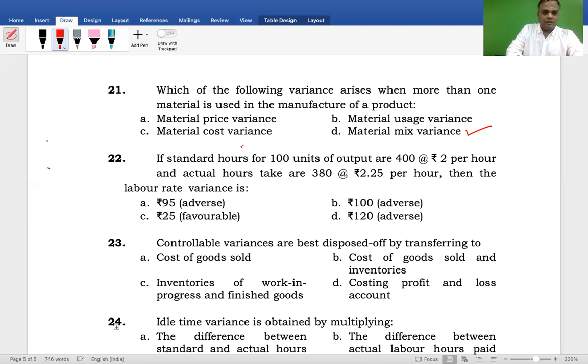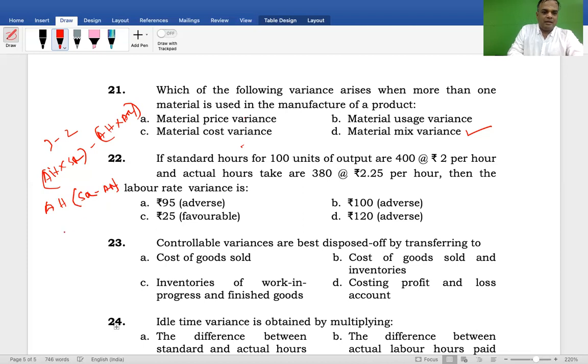What does 3 represent? Actual hours into standard rate minus actual hours into actual rate. Clear? Yes, sir. So actual hours into standard rate minus actual rate is the variance.